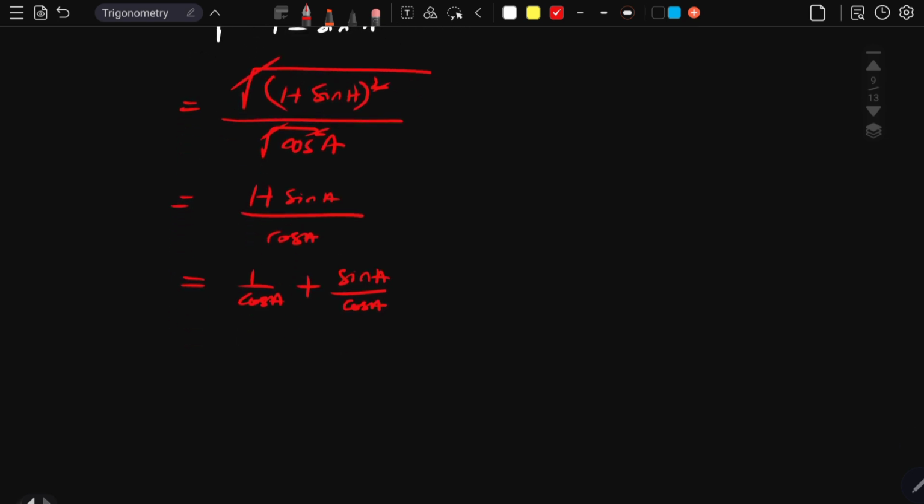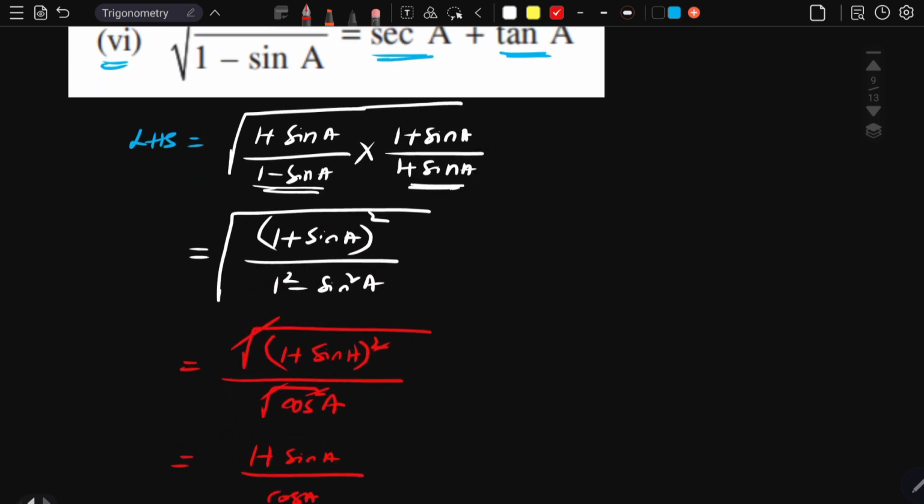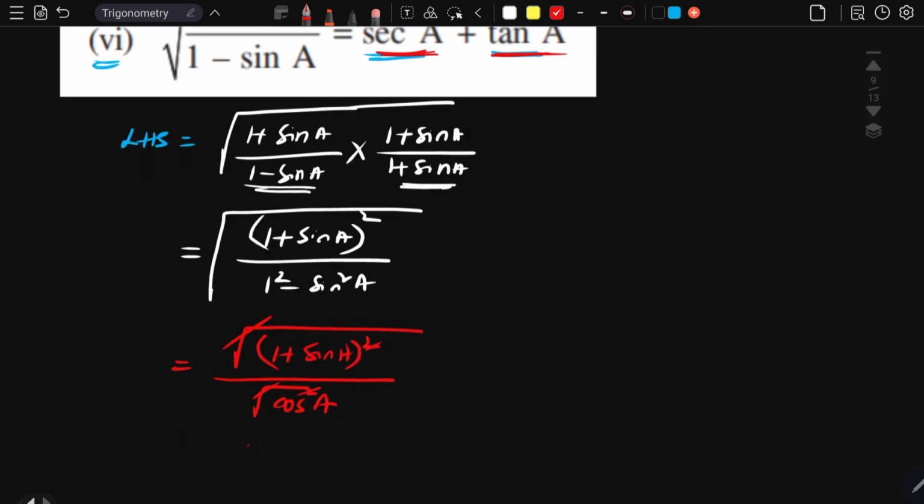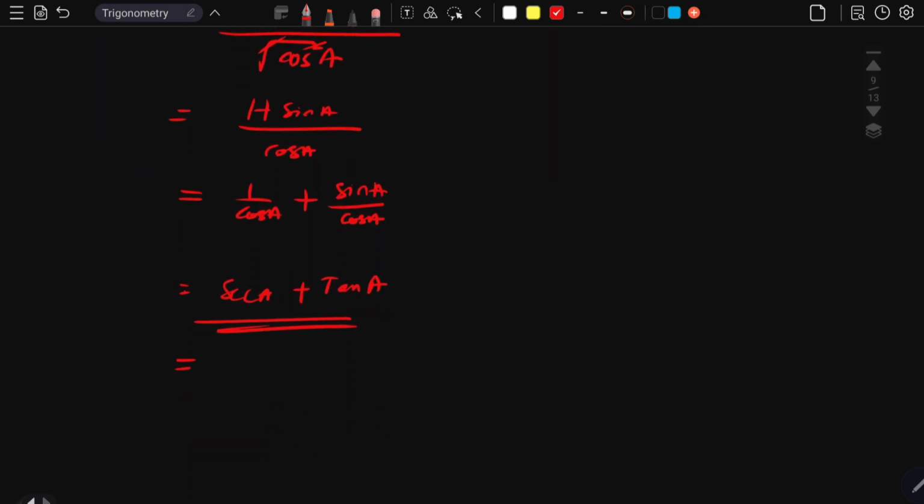Then 1 by cos a is secant a, and sin a by cos a is tan a. Just observe, the RHS to prove is secant a plus tan a. So what we got, secant a plus tan a, is what the RHS is. Therefore it is proved.